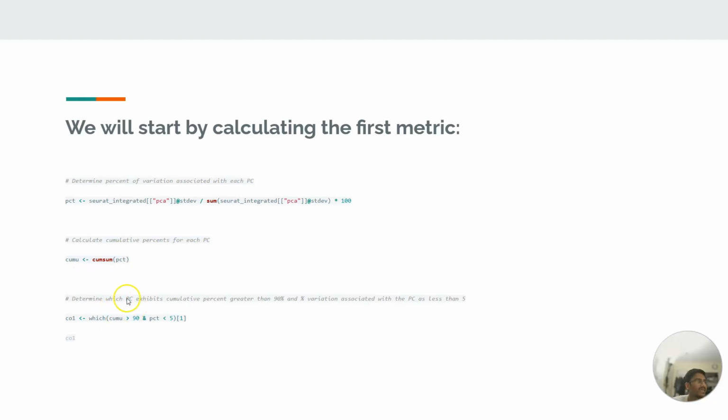Then we're going to calculate the maximum, which PC exhibits cumulative percent greater than 90% and percent variation associated with the PC less than 5%. Once we do that, we're going to store that in co1. So this is our first metric, guys. Any questions, please feel free to drop them in the comment section below.